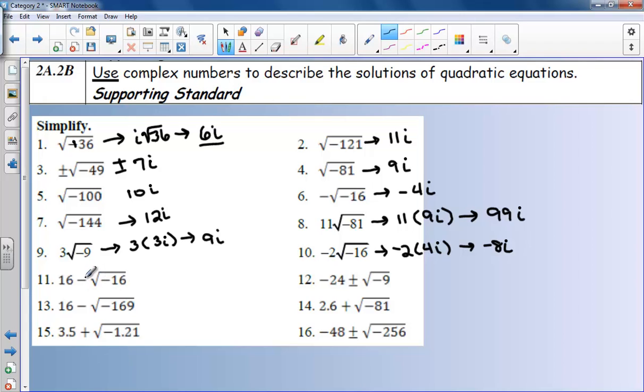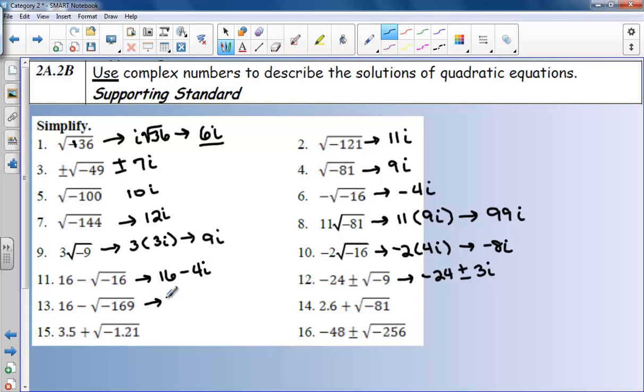But when it's not multiplication, when you've got addition or subtraction, then it's a matter of whether they are like terms. If that was an x, you would say no, they're not like terms, so we can't combine them. Well, the same is true here. So you're going to have 16 minus 4i, and that's all you can do there. Here you're going to have negative 24 plus or minus 3i.